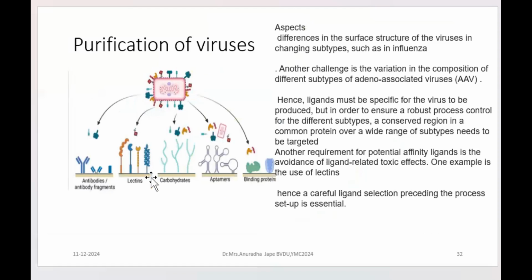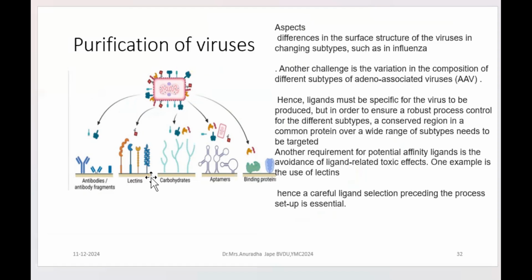Now, when it comes to purification process, as you are seeing in the diagram, there are different modes that you can use when affinity chromatography is explored as a main or primary purification system, or the polishing system that is just to get the final product.